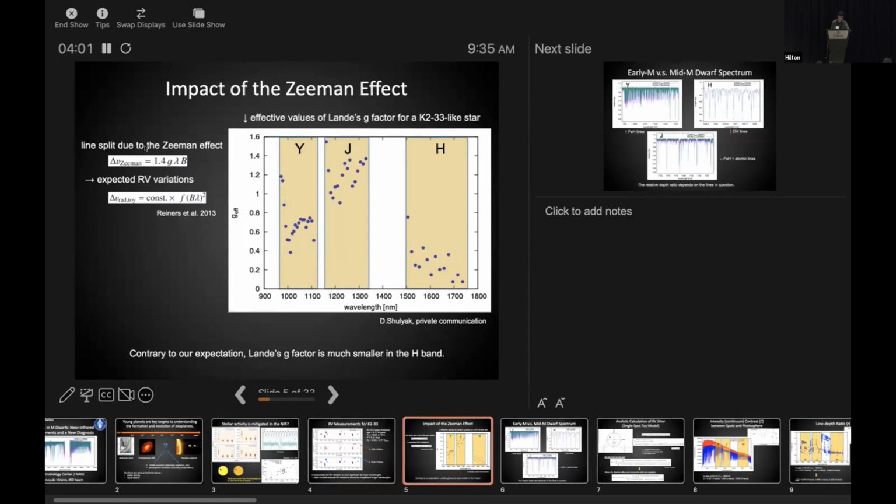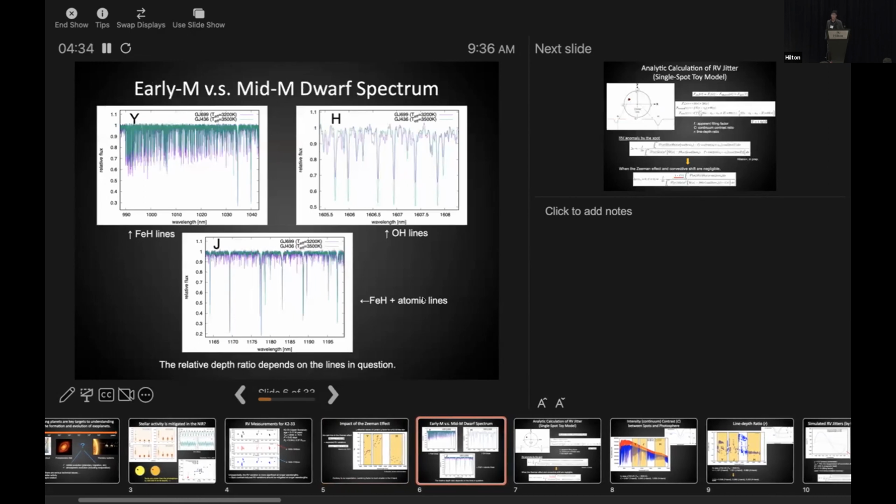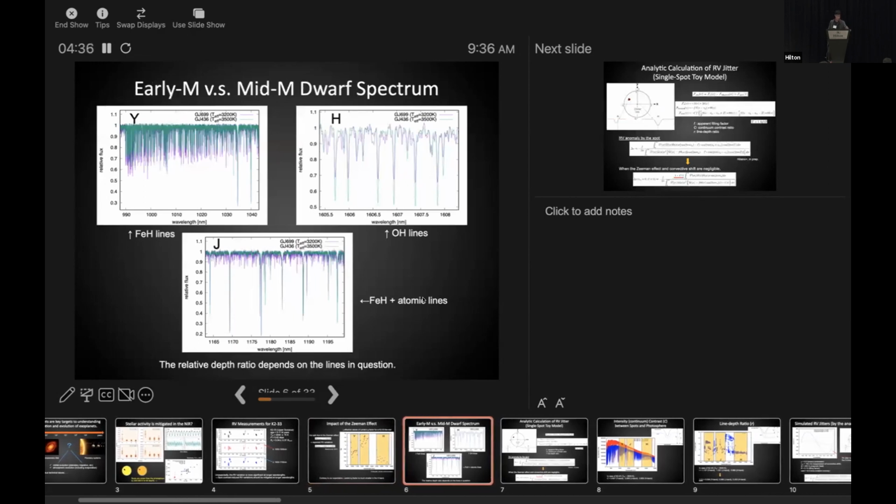According to a toy model, the RV variation due to the Zeeman effect is proportional to the square of the wavelength. But we immediately noticed that the Zeeman effect alone cannot explain the large RV jitter in the H band. Here I show the lambda g factor as a function of wavelength. As you can see, the lambda g factor is much lower in the H band compared to the Y and J bands. So the Zeeman effect cannot explain the large RV jitter in the H band.